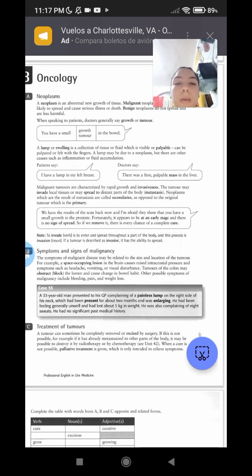A lump may be due to a neoplasm, but there are other causes, such as inflammation or fluid accumulation. Patients say, I have a lump in my left breast.